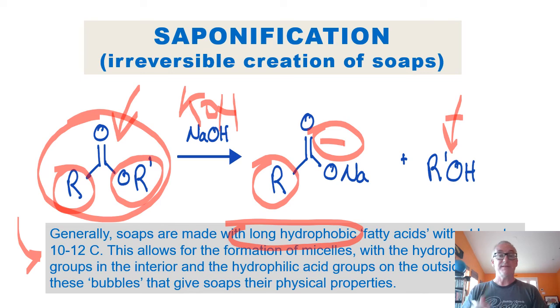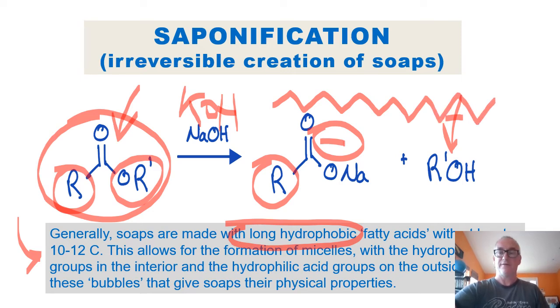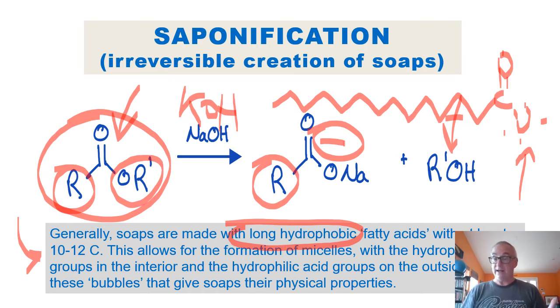So what happens is that they have a long group that's hydrophobic, and the end of it is hydrophilic. This group, the acid group, readily interacts with water. It forms really good hydrogen bonds, may even be charged, so you can get ion dipole interactions, which are really, really strong.